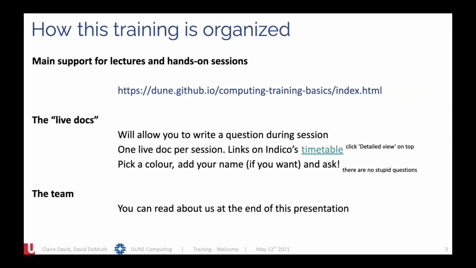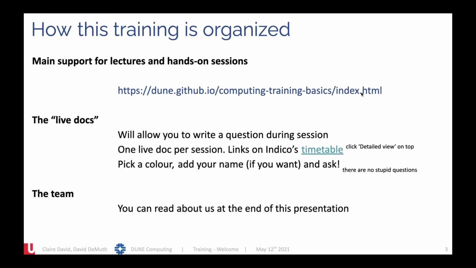Okay, so how this training is organized. One of the goals is to have something you can go back to later. The main things are there's a GitHub page which stays around, and there's the Indico page. If you go to computing training basics indico.html, that's linked from the Indico page.